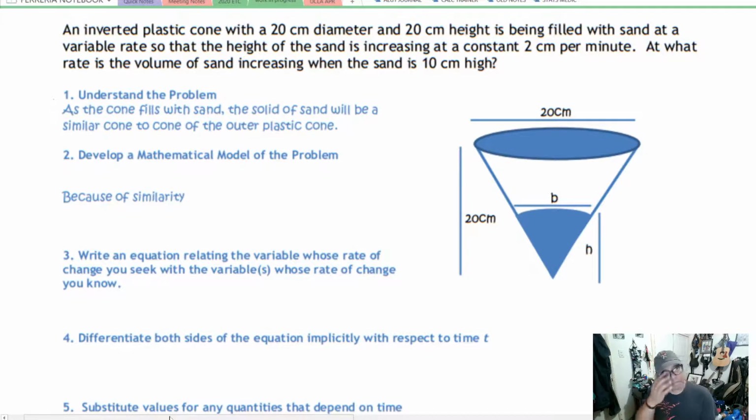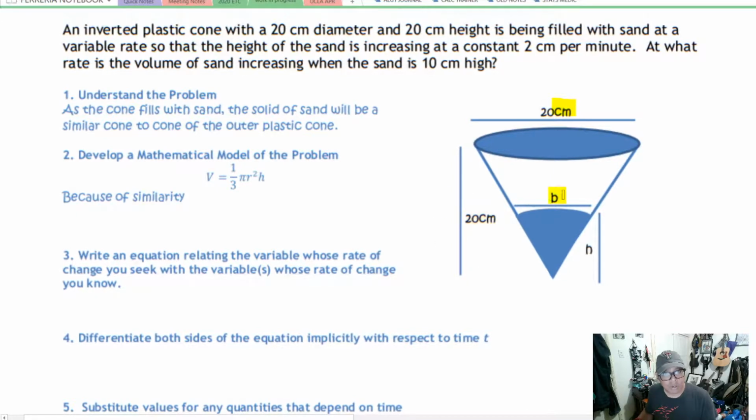So let's build our mathematical problem. We should probably start off with the volume of a cone. That's 1/3 pi r squared h. And then because of similarity, let's take a look over here. The base of the cone is 20, and the height of the outer cone is 20.